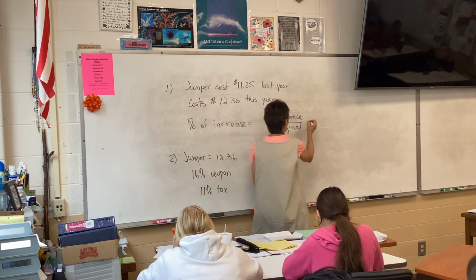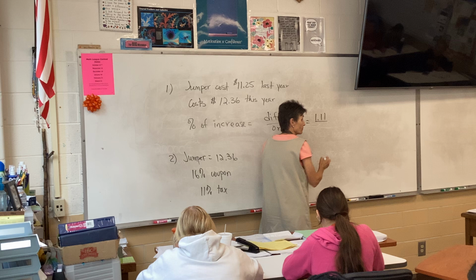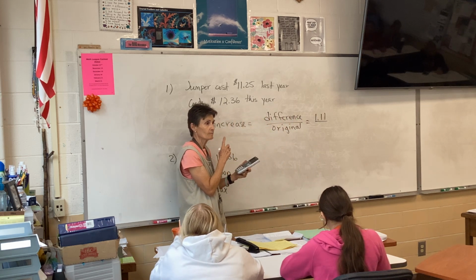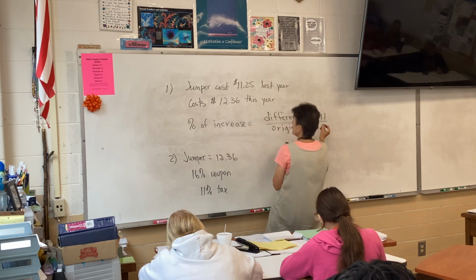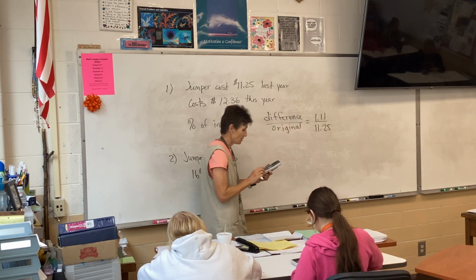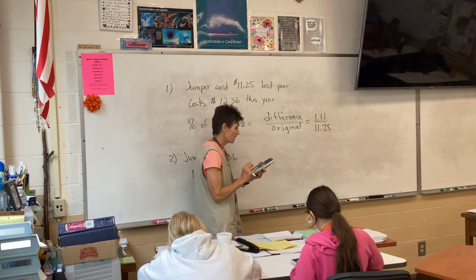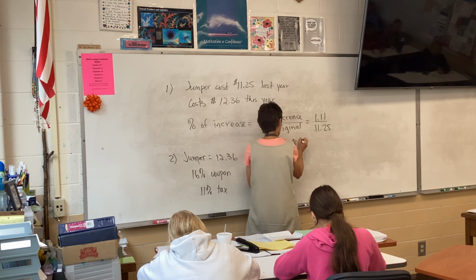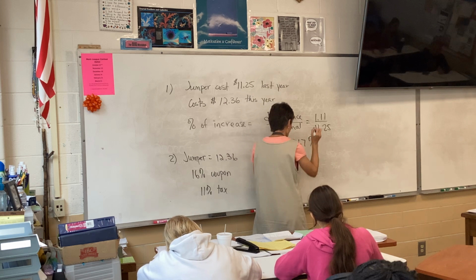I got $1.11. And then which one is my original? The first one that came up, and that's 11.25. So when I do that division, did you get a 9.867% increase?